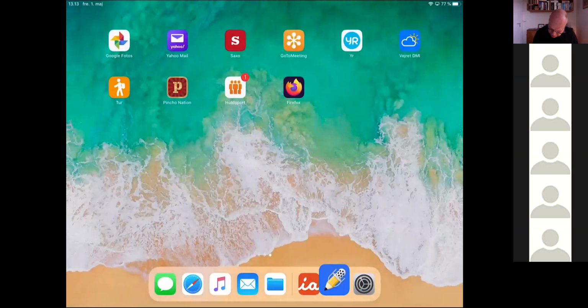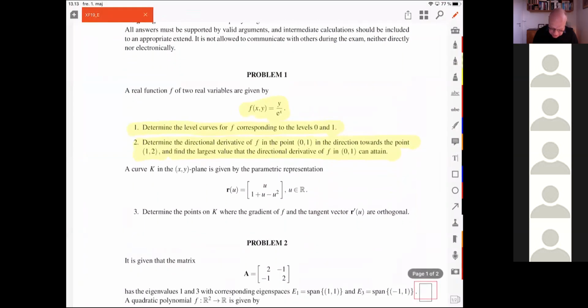Let me just take the last question. In the last question in problem 1, there's a curve given by this parametric representation. We need to determine the points in K where the gradient of f and the tangent vector to this curve are orthogonal. So let's try to do this.